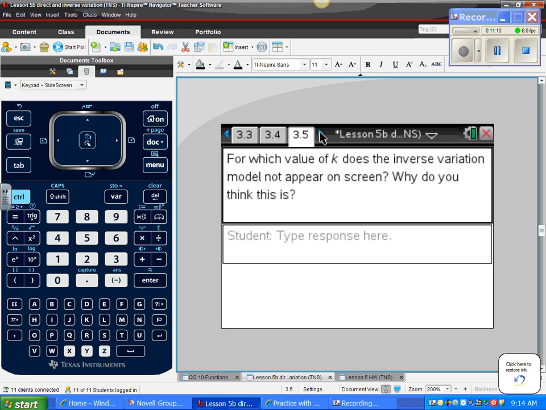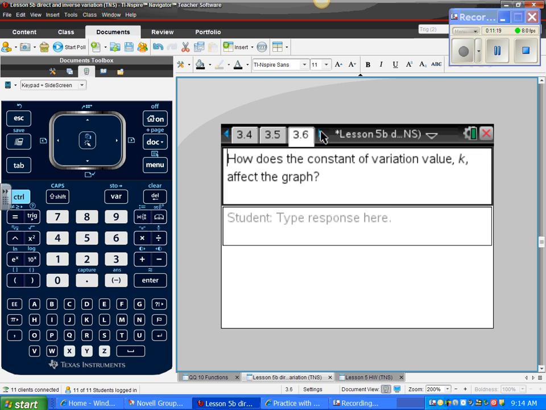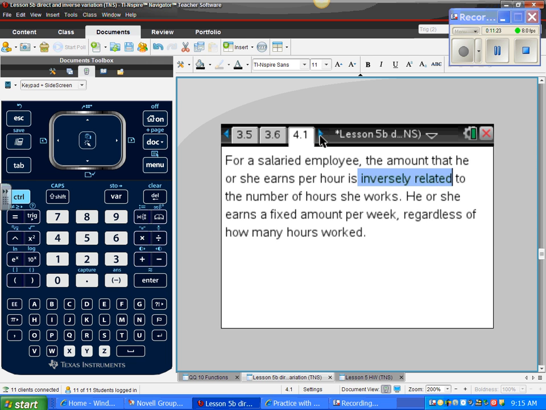All right, so what value of k does it disappear at? 0. K equals 0, it disappears. Why? Because it makes the whole function 0. You can skip 3.6. Go to 4.1. I want to start getting into some sample problems.